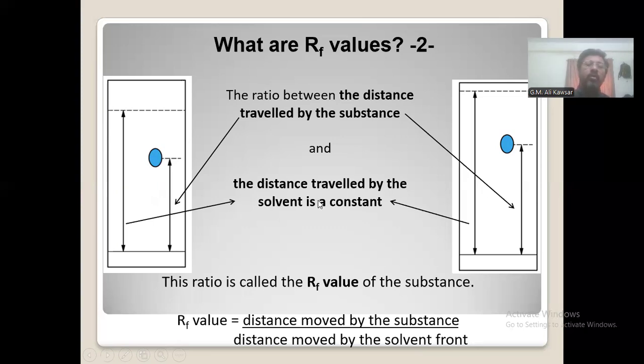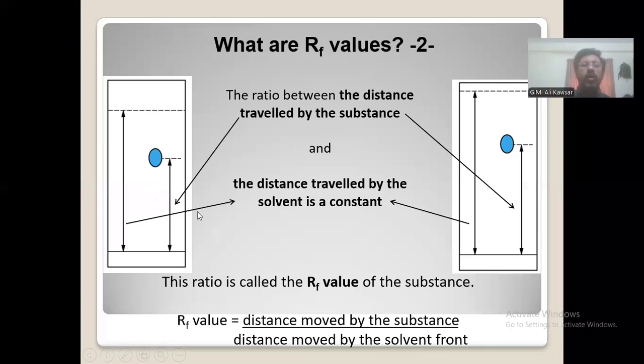That is the distance traveled by the substance. Then we also measure the distance from the pencil line to the solvent front. That is the distance traveled by the solvent. So the RF value is the distance moved by the substance divided by the distance moved by the solvent front.